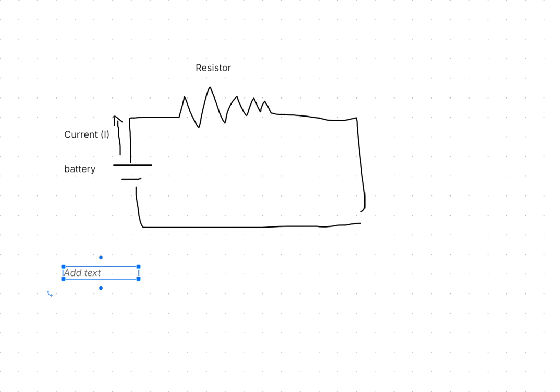We have V, which is voltage, and it's measured in volts. And we have I, which is the current, which is measured in amps. And then next we have R, which is the resistance, and it's measured in ohms.